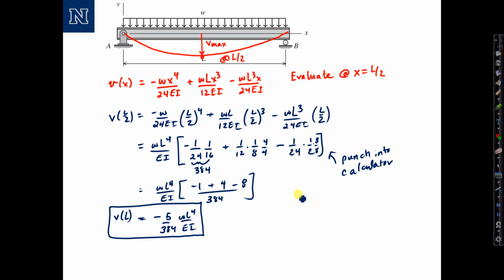If you plug it into the calculator, you'll get something like v max equals negative 0.013, I'm sorry, I think I have an extra 0 there. Negative 0.013 wL to the fourth over EI, and that's also acceptable. Okay, and that concludes this example.